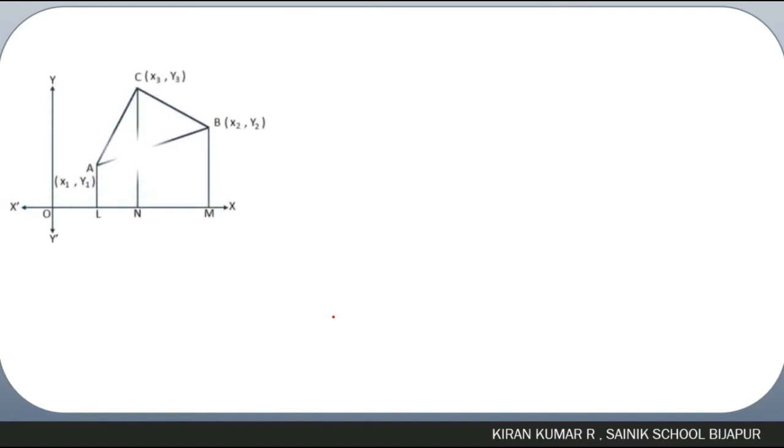So let's use the concept. I have taken the same figure again. The area of the first trapezium will be half into the sum of the parallel sides. AL and CN are the parallel sides, and the perpendicular distance is LN. In the same way, the sum of the parallel sides is CN plus BM, and the perpendicular distance is NM.